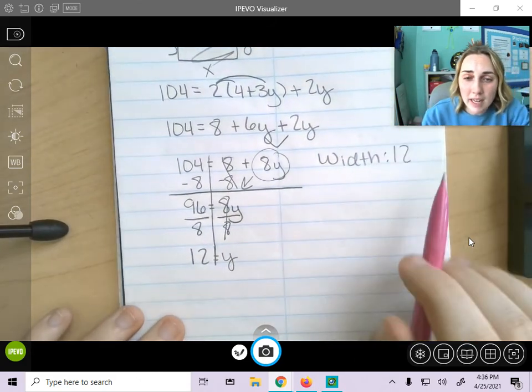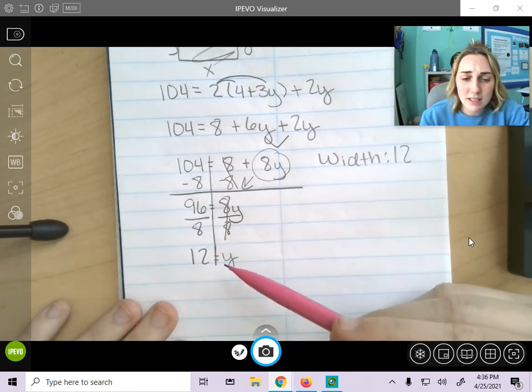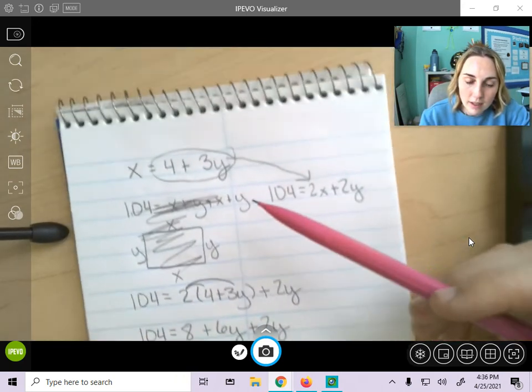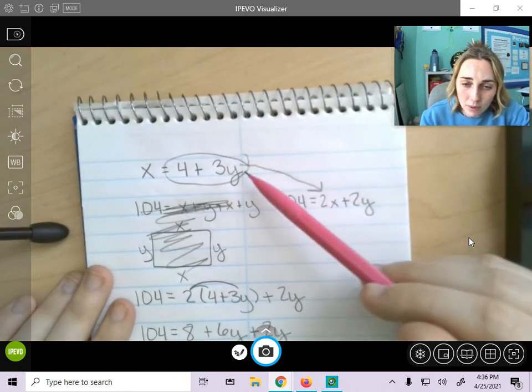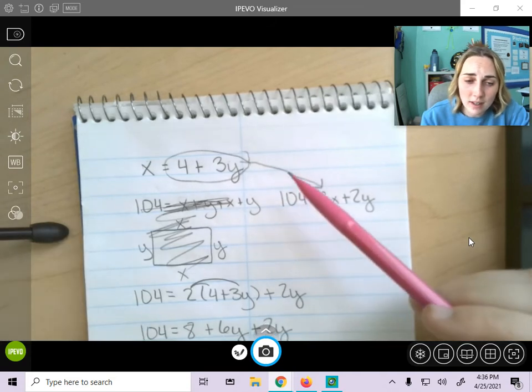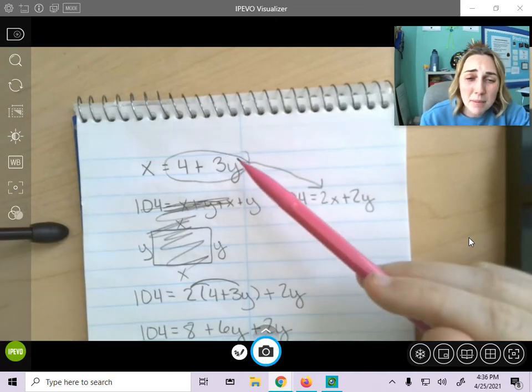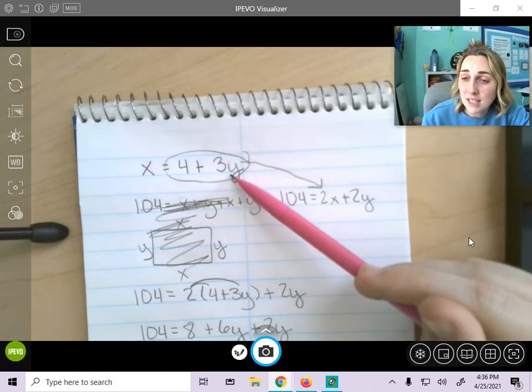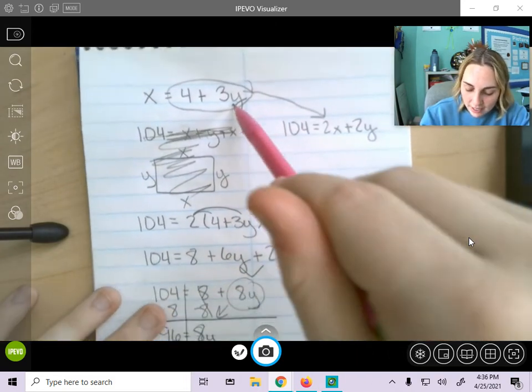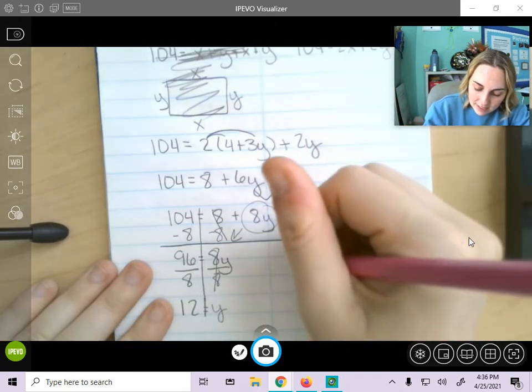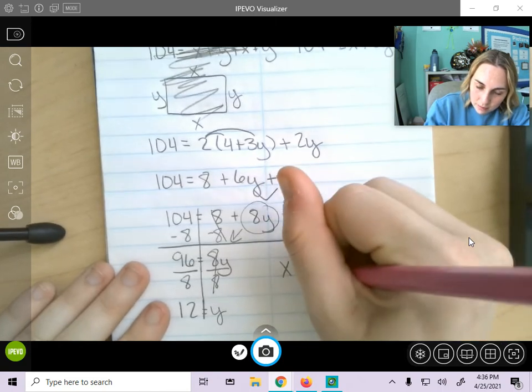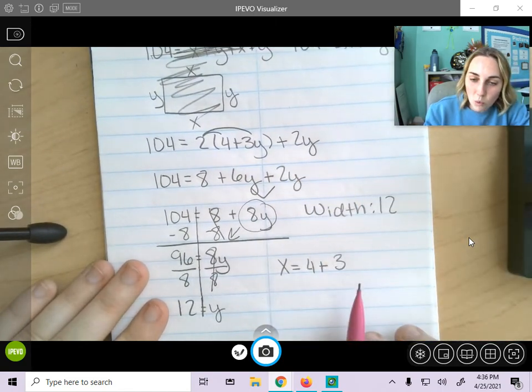So now I need to find my length. What I'm going to do is substitute 12 into one of these two equations. It doesn't matter which one, to solve for my length. I'm going to plug it into this one though because I think it'll be easier personally. So what I have is x is equal to 4 plus 3 and then y.